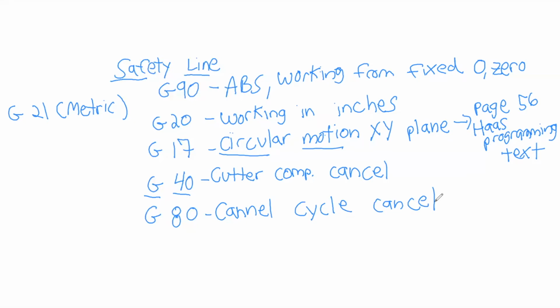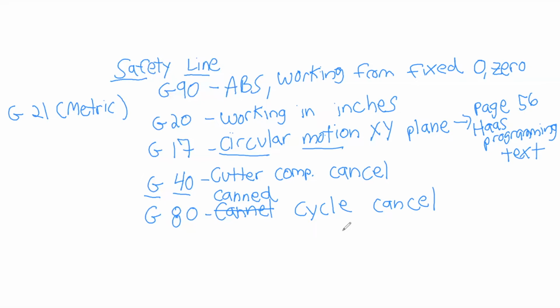These cycles are going to be active until canceled with G80. So at the beginning of our program, we want to make sure that we turn everything off because we don't want any unnecessary cutting.